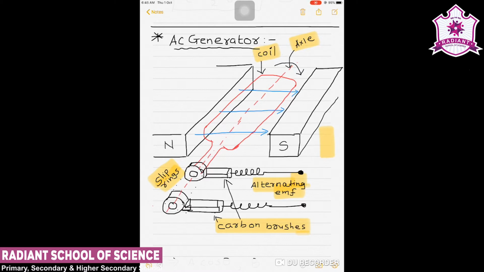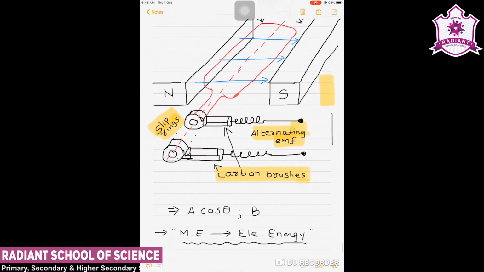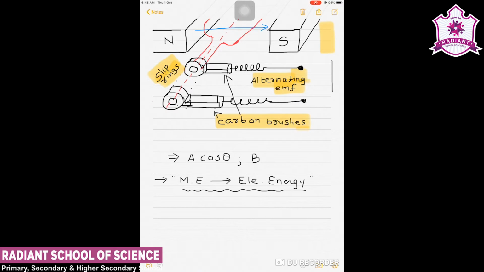Now when the coil is rotated with a constant angular speed omega, here we have shown it about the axis, that it starts rotating with the speed omega. If it has an angular displacement theta in time t, then omega is defined as omega equals theta upon t.